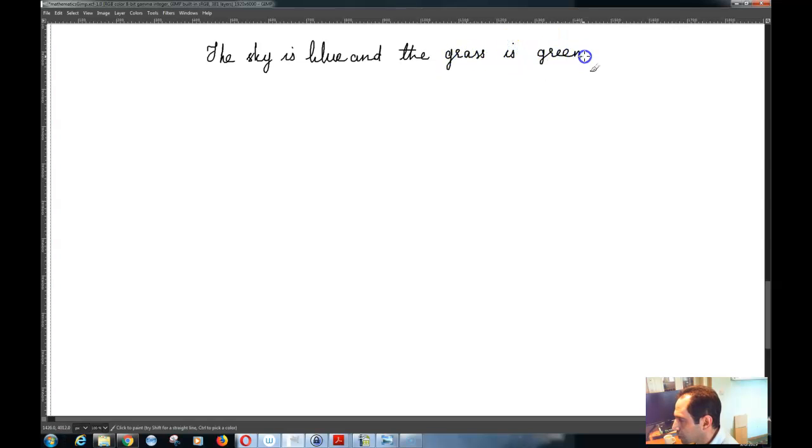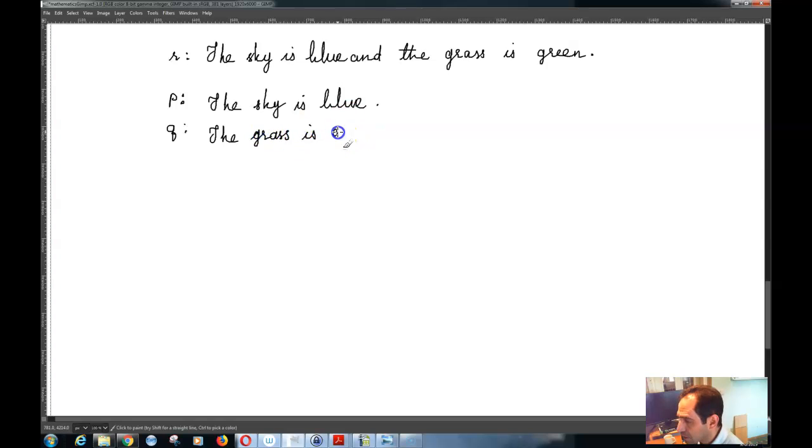If you give this some name, for example R, then the components are P and Q. You can write P as the sky is blue and Q as the grass is green, with the connecting word and.